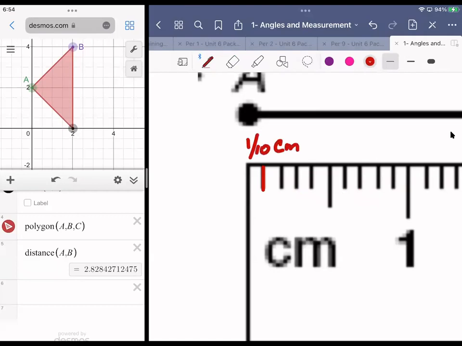Right, 1/10 of a centimeter, which you could also write as .1 centimeter.